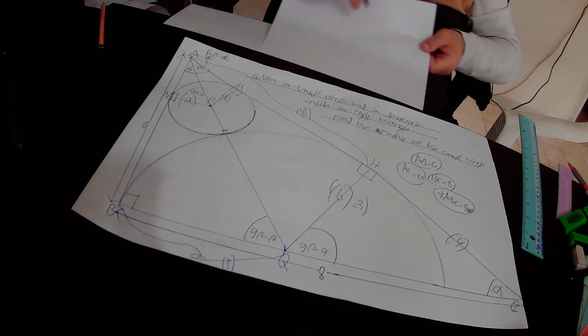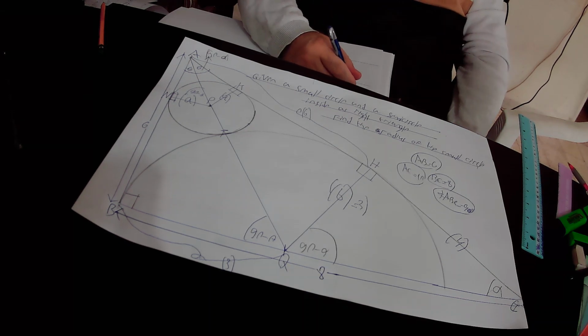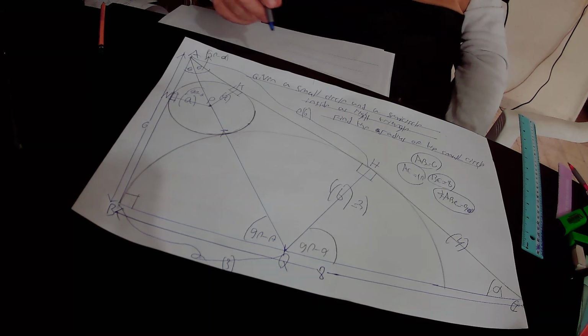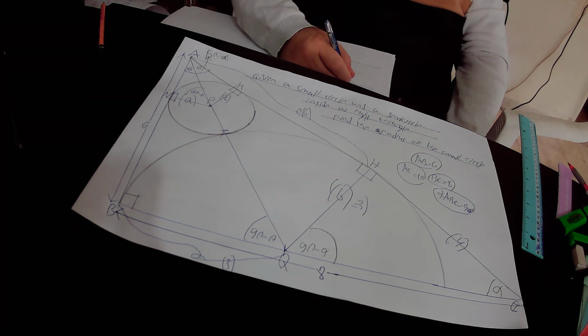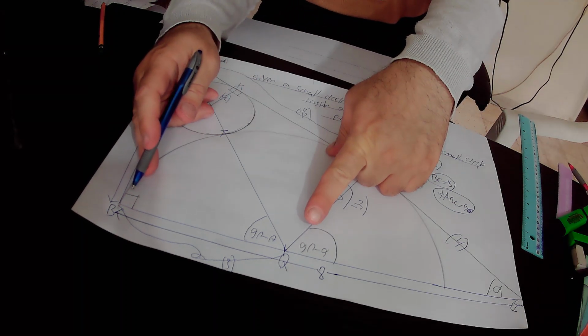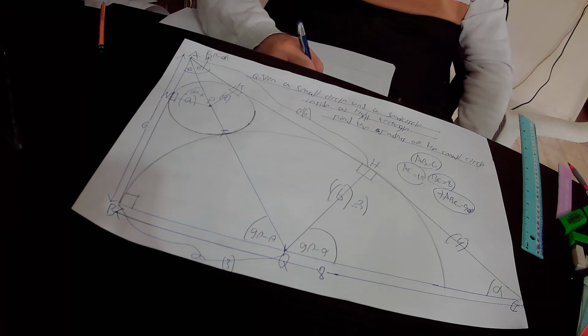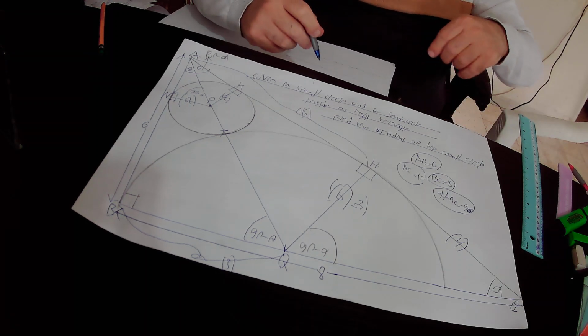AB is 6 over AN. AN is the missing side, so we will leave it as it is. And it equals BQ. BQ is 3, it is the radius of the big semicircle. It equals 3 units in its length over NP.